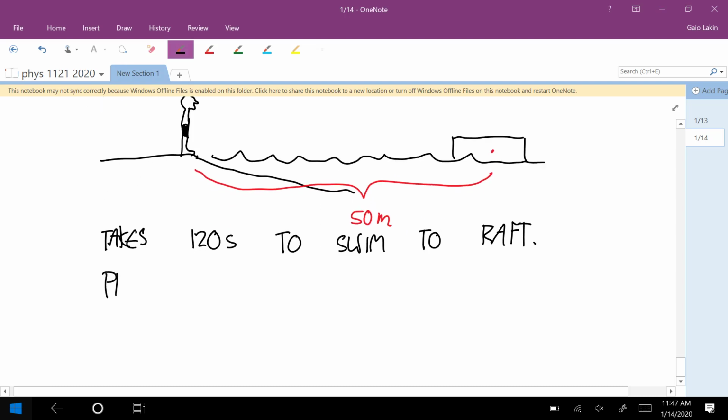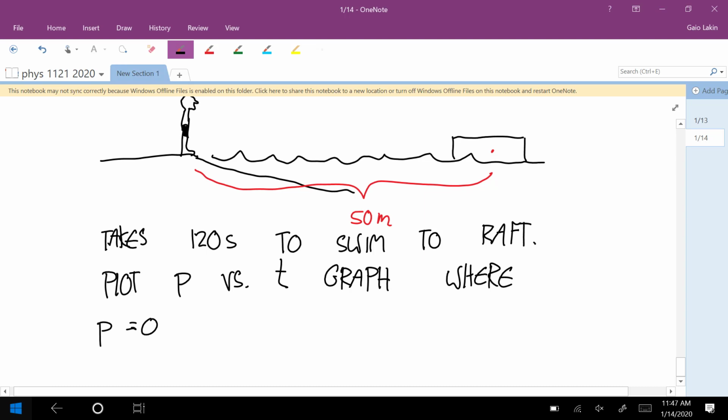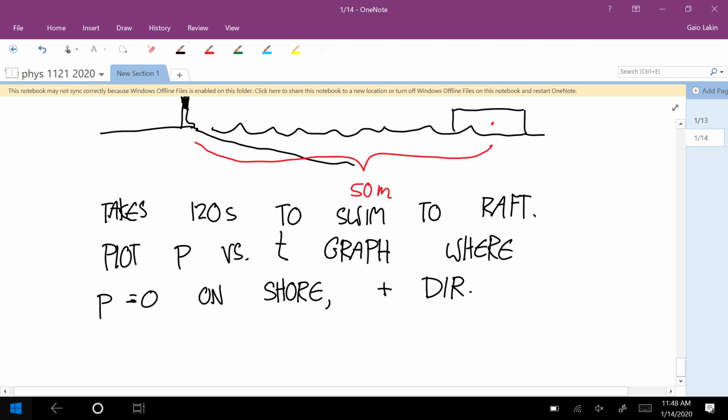Let's say that we want to plot a position versus time graph where the position equals 0 is on the shore, and the positive direction, well, let's choose sort of an unusual one for this. I mean, you can choose anything you want as long as you're consistent.